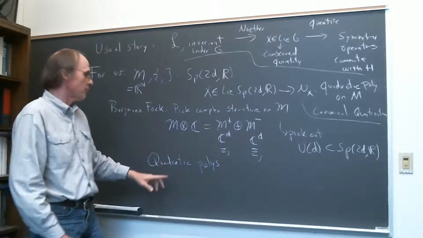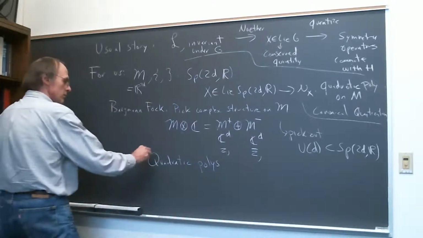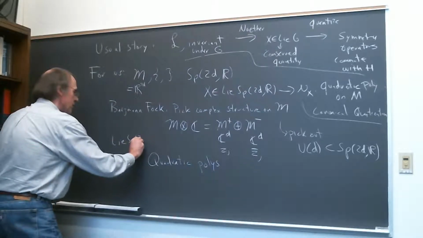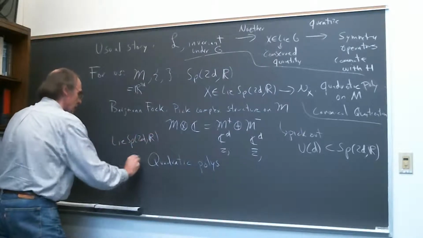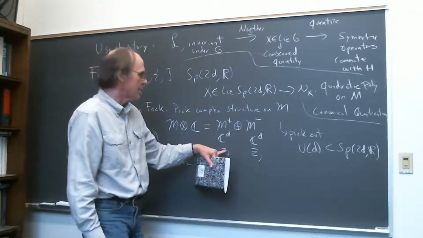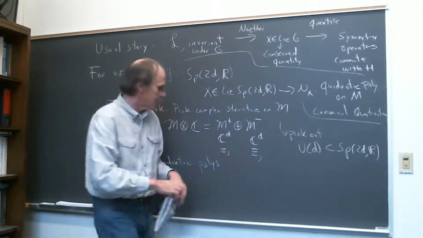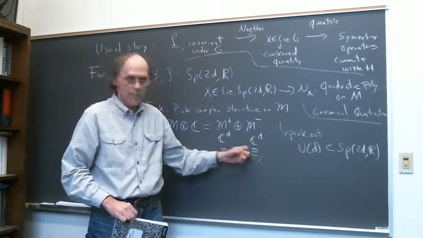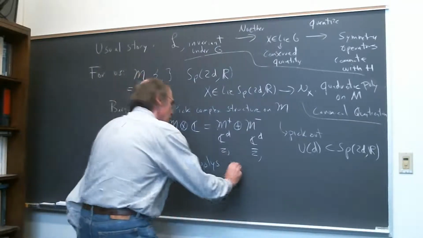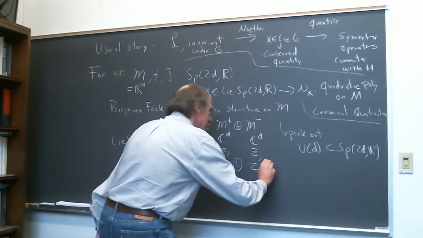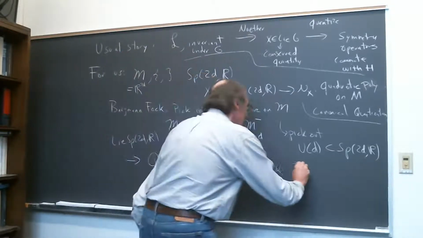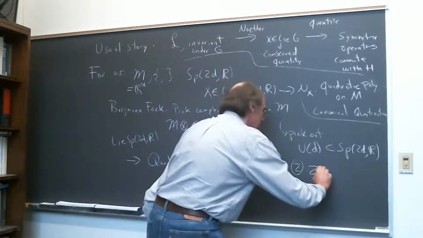So the Lie algebra of Sp(2d, R) goes to quadratic polynomials, and now you can break these things up once you have this business of z and z bar. You can think of things of the form zj z bar k, the things that have two z's, and the things that have two z bars.